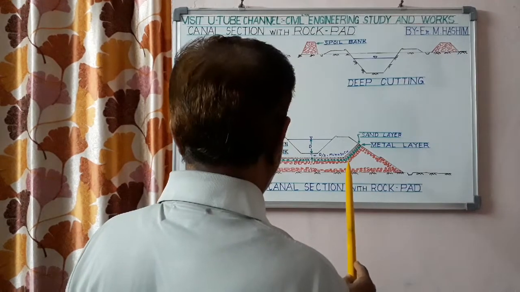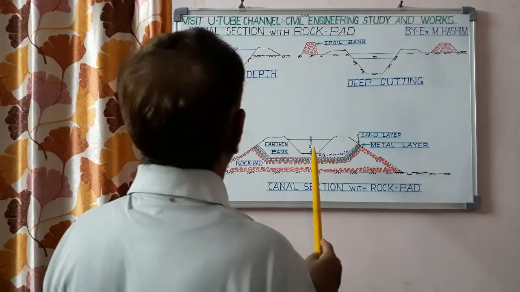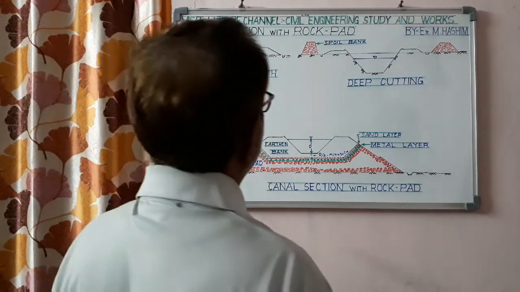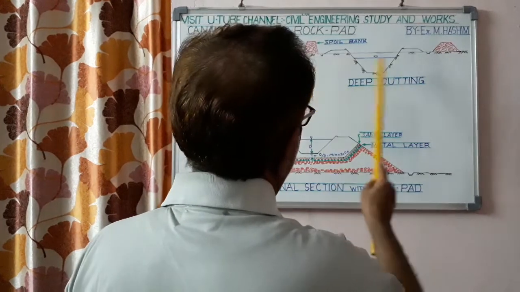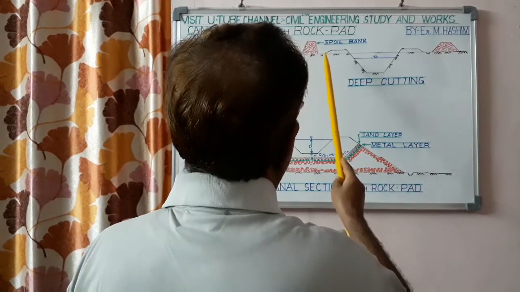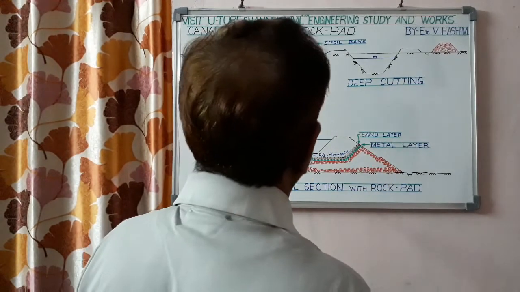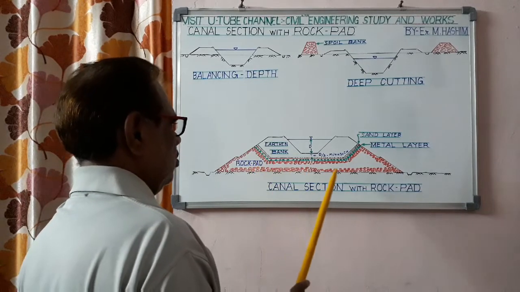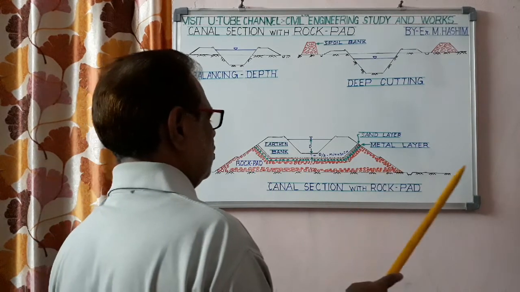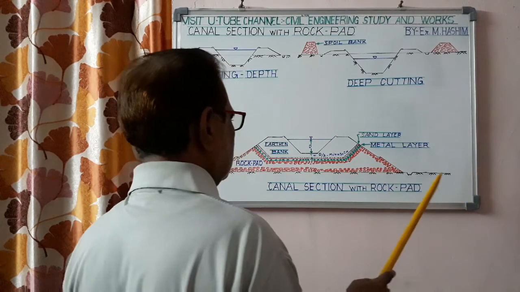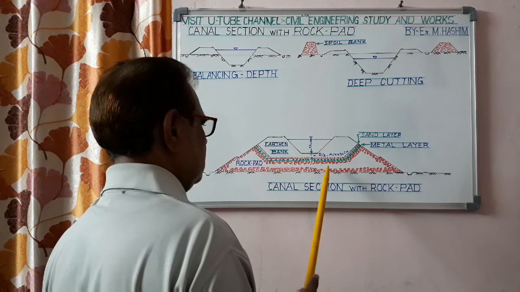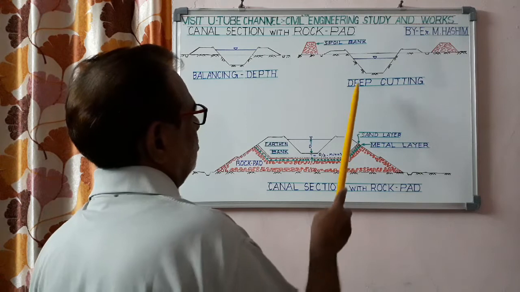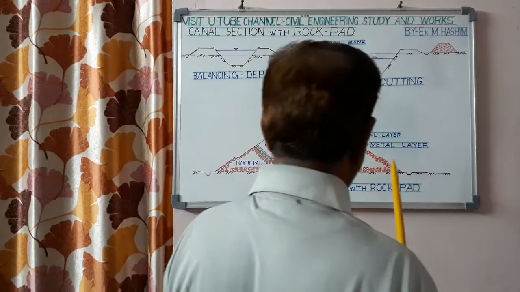In this way, while constructing a canal section with rock pad, we avoid the additional land required for keeping this rock material in spoil bank, and the borrow area for soil and carting of soil are avoided by the construction of the rock pad, which is available from deep cutting.